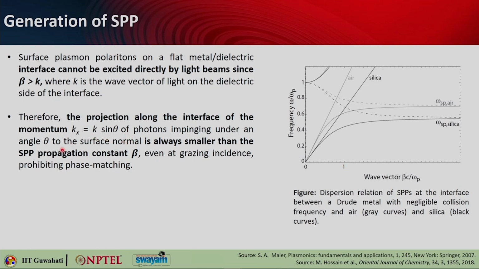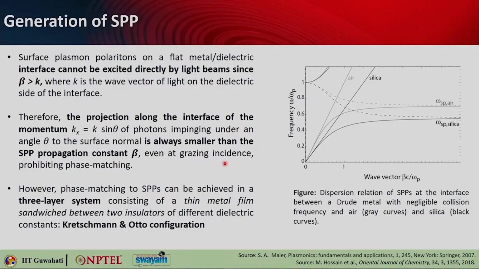At any angle, what can be the maximum value of sin theta? That can be 1. In every case, this is smaller than the SPP propagation constant beta, even at grazing incidence. So if you simply take a metal dielectric interface and shine light on it, even at a very tilted angle of incidence, you will not be able to excite surface plasmons.